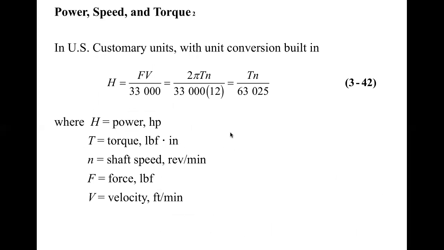This is a relationship between H and T and N, using US customary units. So again, when you do the design, most of the time we give you power requirements, the velocity, RPM, the gear speed, the transmitted power, and then you decide what is the maximum torque, minimum torque you need. So this is your starting point.